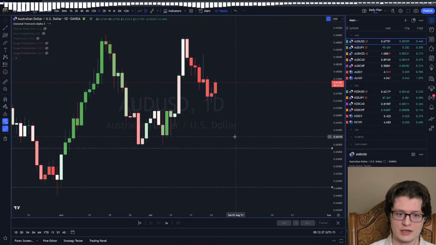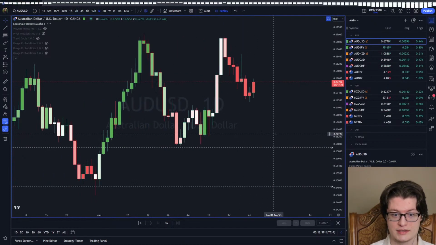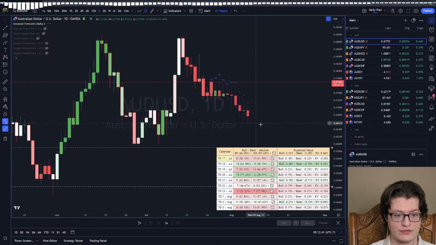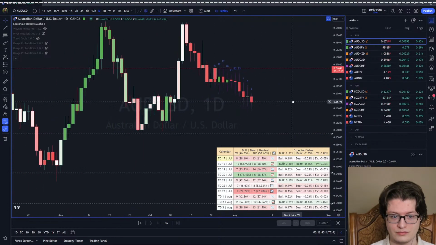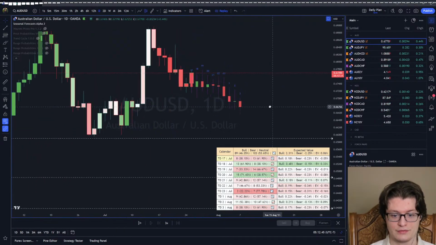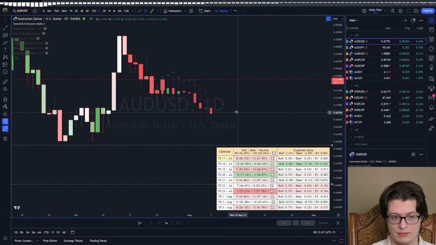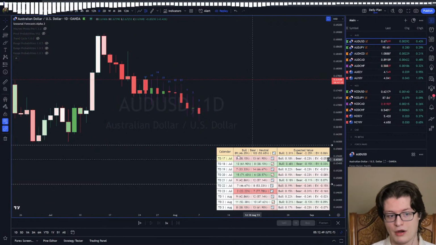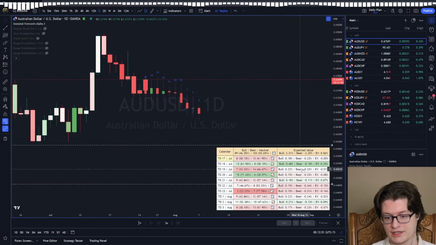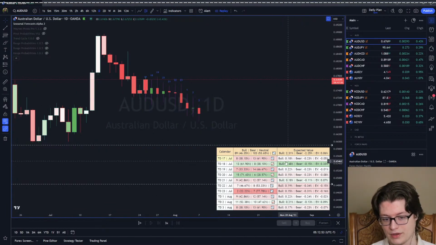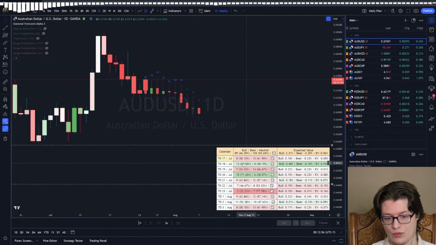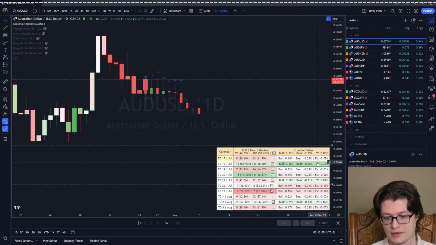Looking at Aussie dollar, though, that's a bit of a different story. You can see it really does start to look a bit more bearish. Tomorrow, though, you do have some positive seasonal expected value. So tomorrow, 61, call it 62% of the time, is a bullish trading day.